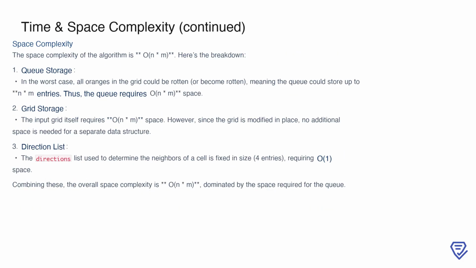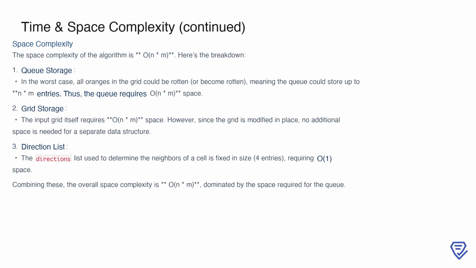Now, looking at the space complexity, the algorithm requires O(n*m) space in the worst case. First, consider the queue used during BFS. If all oranges in the grid are rotten or become rotten, the queue could hold up to n*m entries at its maximum, leading to O(n*m) space usage.